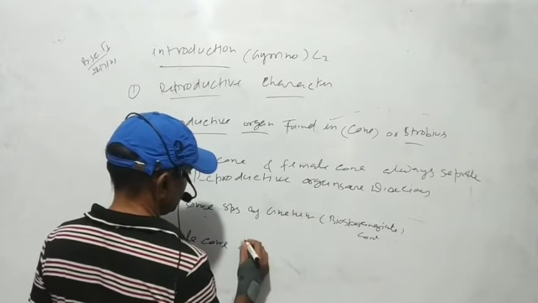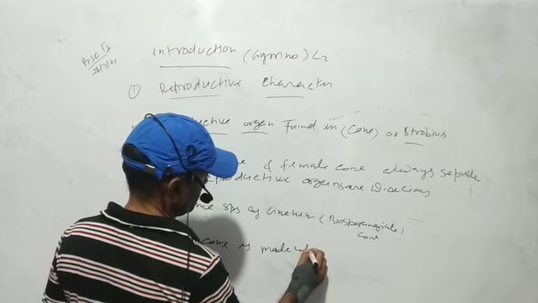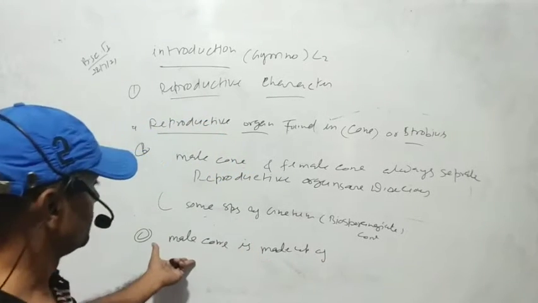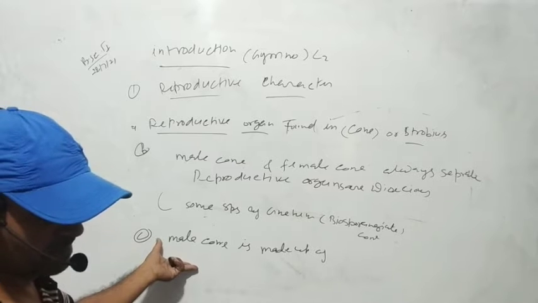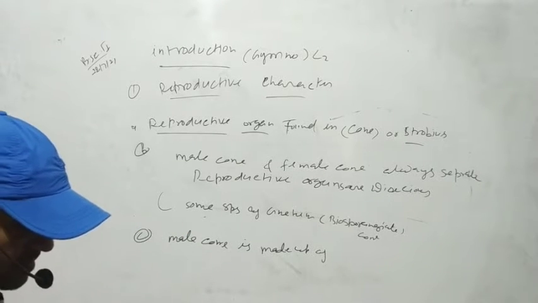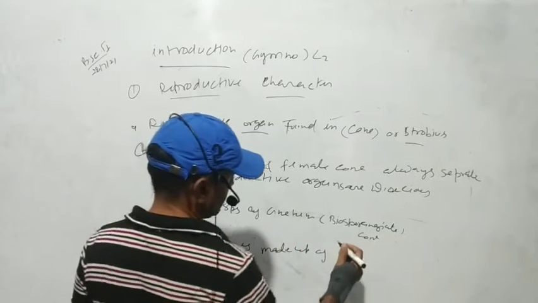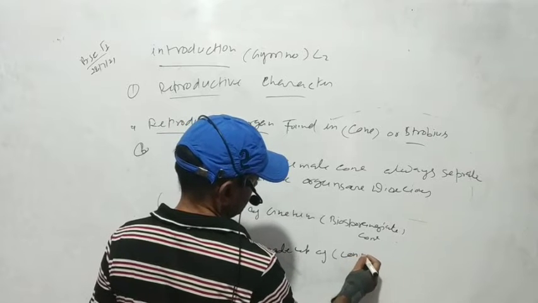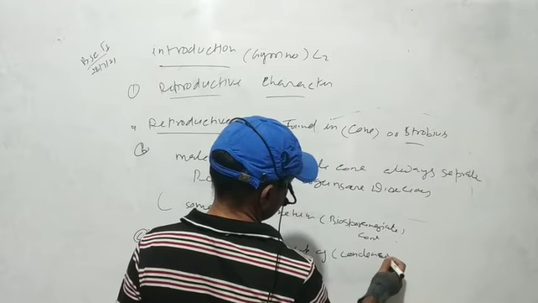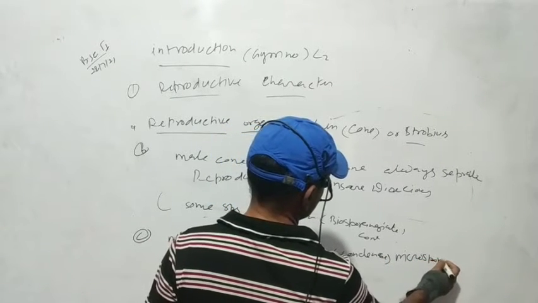The male cone is made up of condensation, meaning when the male cone is formed, it is the condensation of microsporophylls, the condensed condition of microsporophylls.